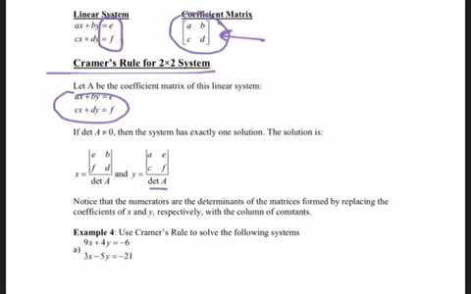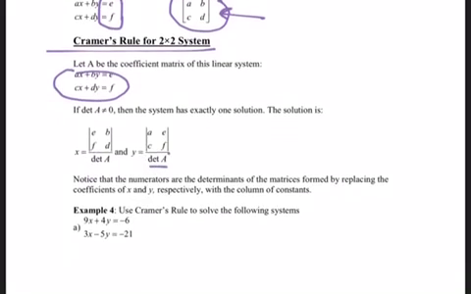So in this case we call that E and F. And I find that determinant and then divide it by the determinant of the coefficient matrix. And then when I want to find y, I'm going to put the E and F in the place where the y variables would go. So I think the best way to understand that is to kind of see me do one.